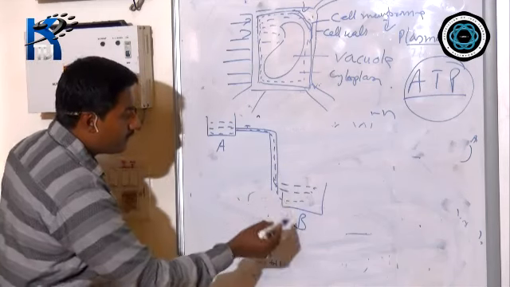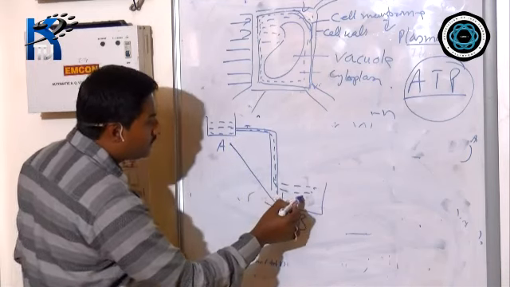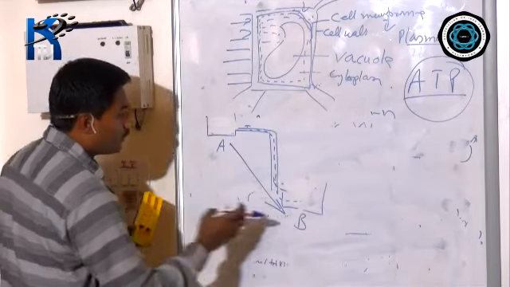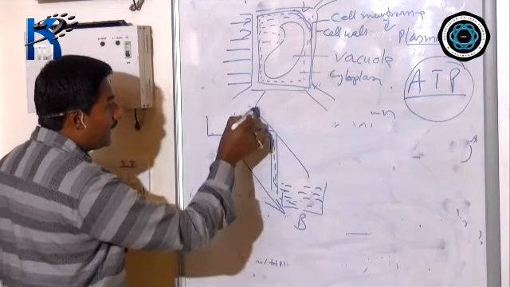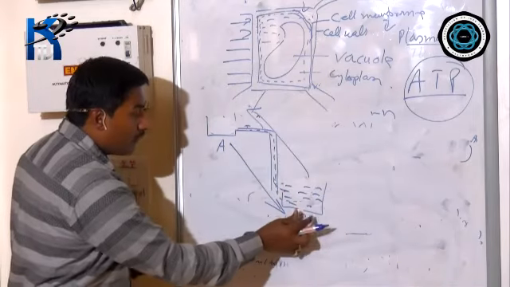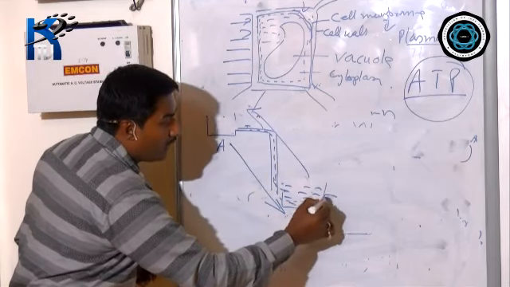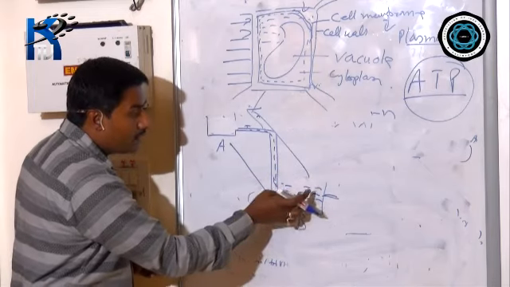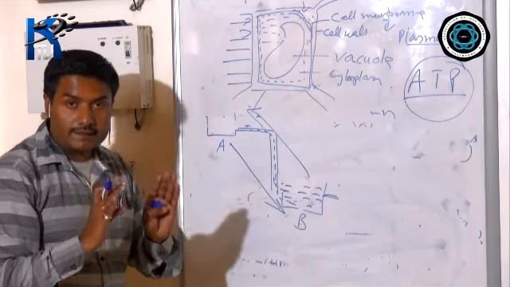But if you want to send this water from B to A, will the water go from B to A automatically? No. What do you require? You have to connect it to a motor, you have to use electrical energy to drive this water from B to A. What have you used? You have used energy.